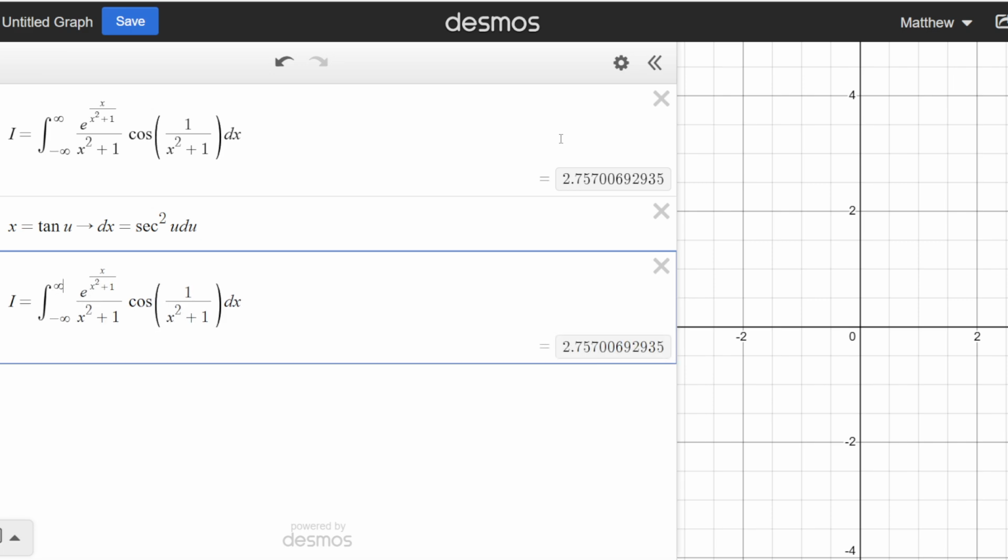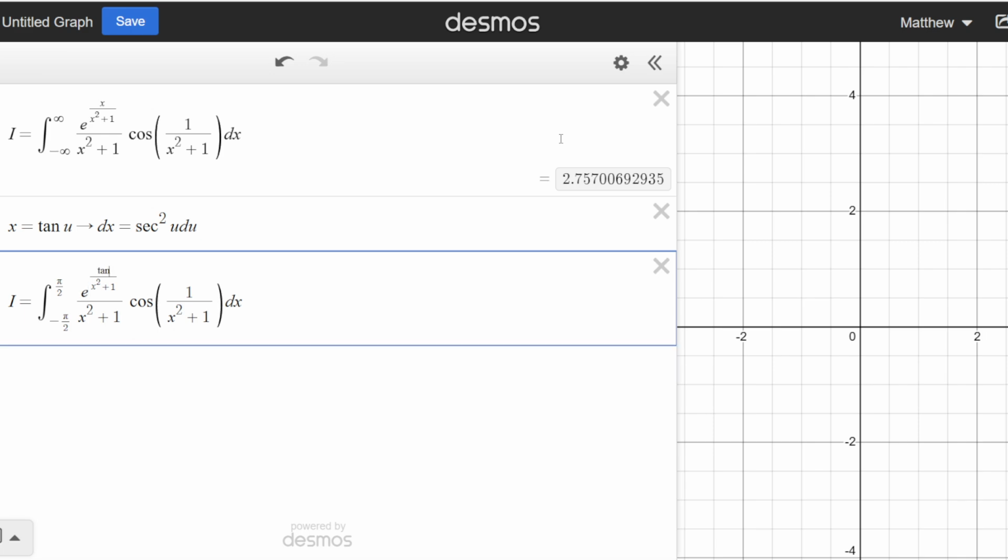So if our x is tangent u, well, infinity is tangent pi over 2, and negative infinity is tangent of negative pi over 2. X is just tangent u. Let's see. X squared plus 1 is tangent squared u plus 1, but that's just secant squared u. Also here, secant squared u. And then let's finish off the substitution.